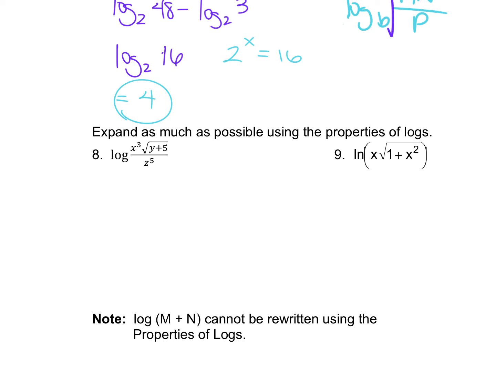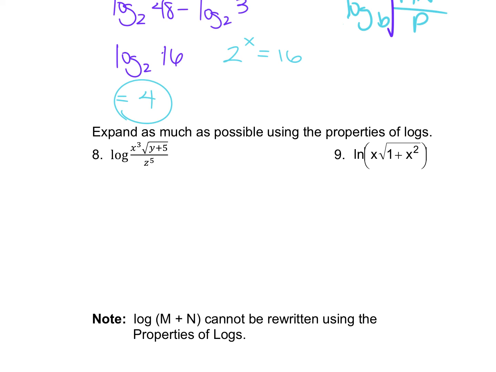So in question 8, how many separate parts do you see? 3. I see an x to the 3rd, I see a square root, and I see a z to the 5th, right? Yes. What's happening with the first 2? The multiplying. So when I expand it, I split it with a plus sign. The last one is being divided, which means it goes with a minus.